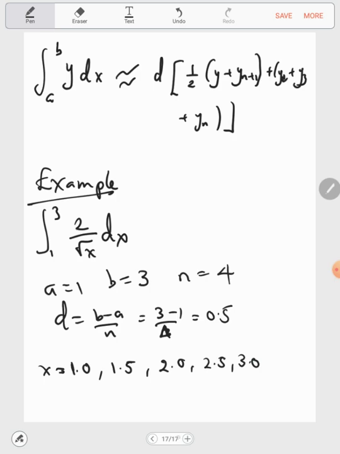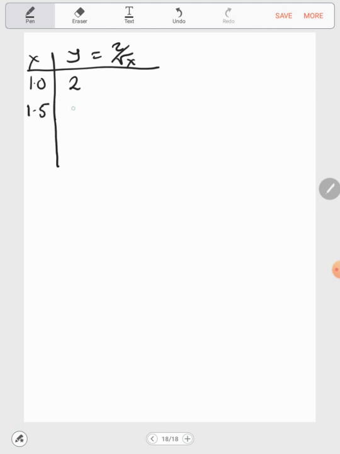Then we find the y value according to the formula that is given. y is equal to 2 over square root of x. So now we make a table. For x equal to 1, we get 2. For x equal to 1.5, y is 1.633.